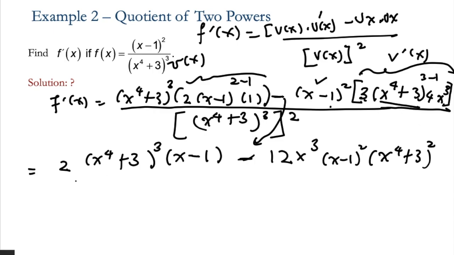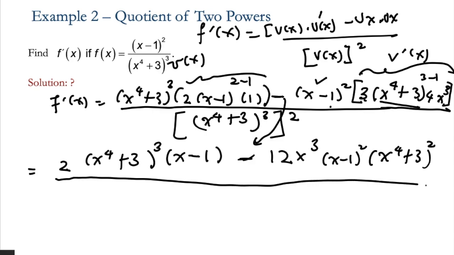And then divided by the denominator, which is (x to the power 4 plus 3). You see the powers here, 3 and 2. You multiply them. Okay, basic maths, yeah, becomes 6.